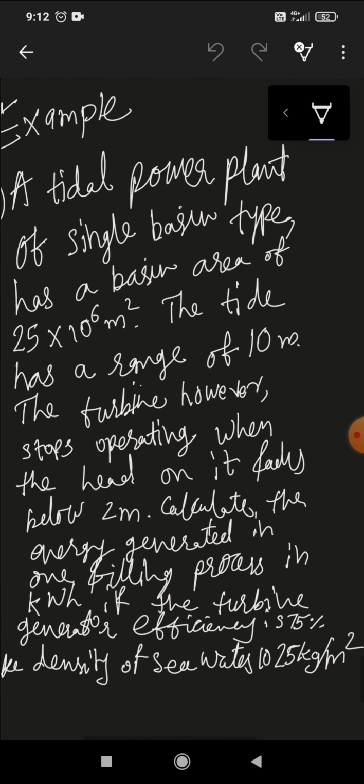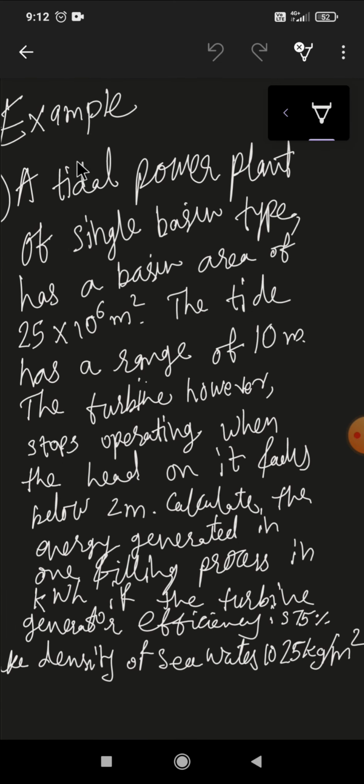So this is an example: a tidal power plant of single basin system has a basin area of 25 into 10 raised to 6 meters square. So area is given. The tide has a range of 10 meter. So R is given.